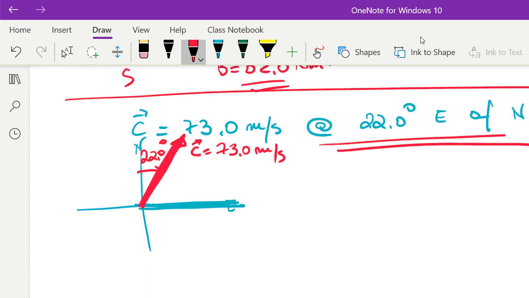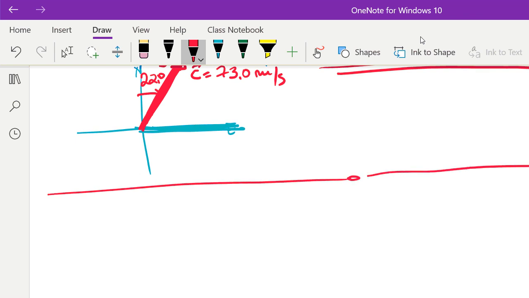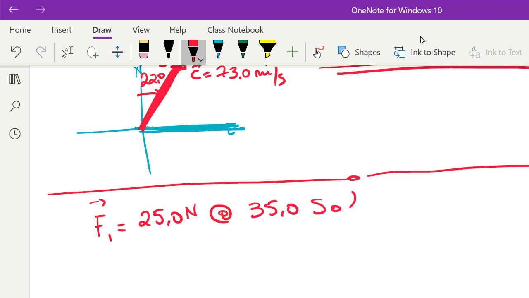What I will do now is I will give you some examples, and you can pause the video after I give you the examples and do them on your paper so that you can see your understanding. So let's suppose that we have vector F1 that is described in English as 25 newtons at 35 degrees south of west.